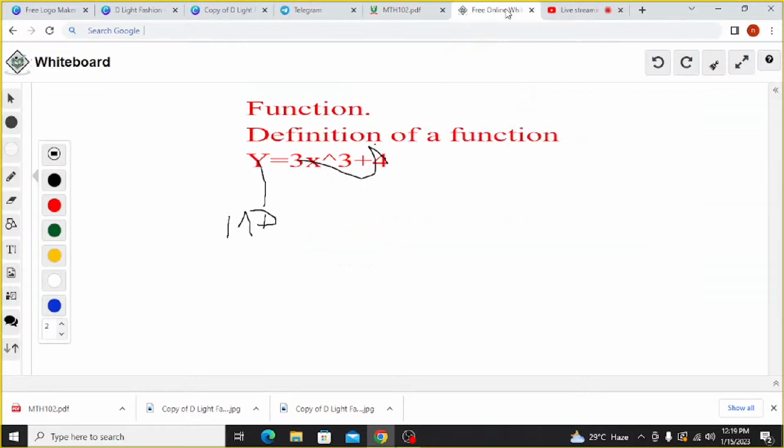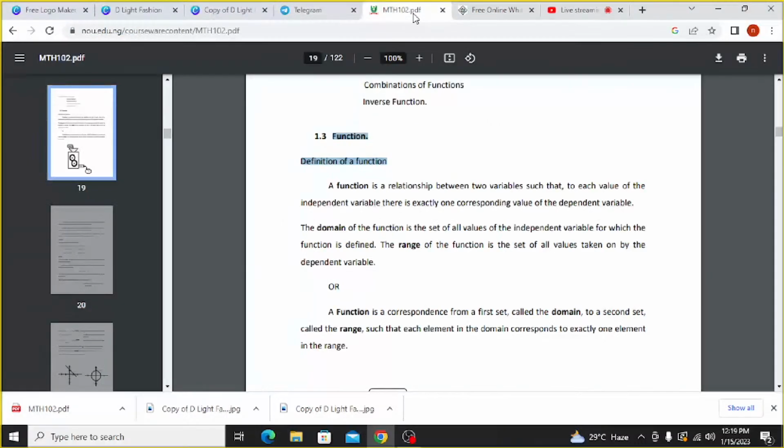So I've already shown you the dependent variable and independent variable. Now, we also have the domain. The domain of a function is the set of all values of the independent variable for which the function is defined.